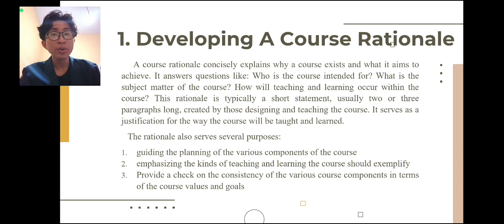It also encourages independent learning outside the classroom. That is the example of a course rationale. So, to create a course rationale, course planners must carefully consider the course's goals, desired teaching and learning approaches, the role of teachers and learners, and the principles guiding the course.